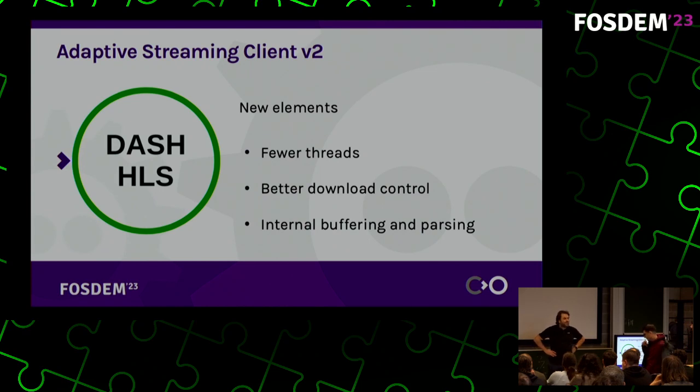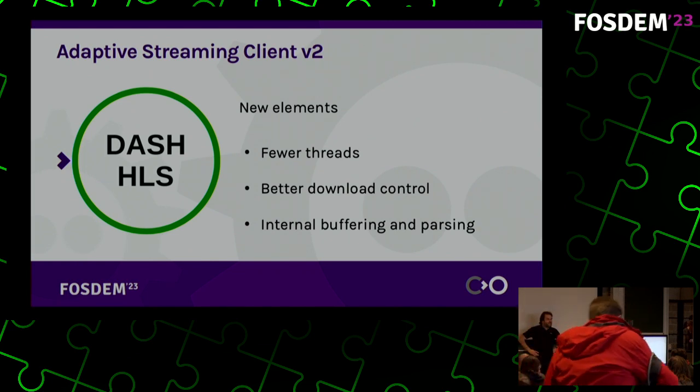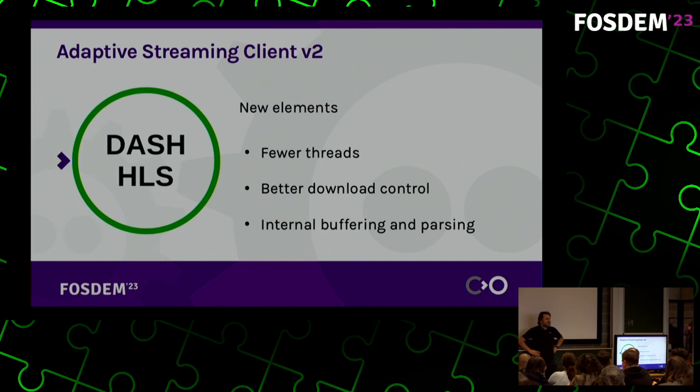Another big feature that was worked on is that we basically rewrote the HLS and Dash base class. So the previous one was over 10 years old and had been written largely without the specs. And even when we had the specs, HLS has changed quite a lot in the last 10 years. So now we have what we call almost a state-of-the-art implementation based on 10 years more knowledge.